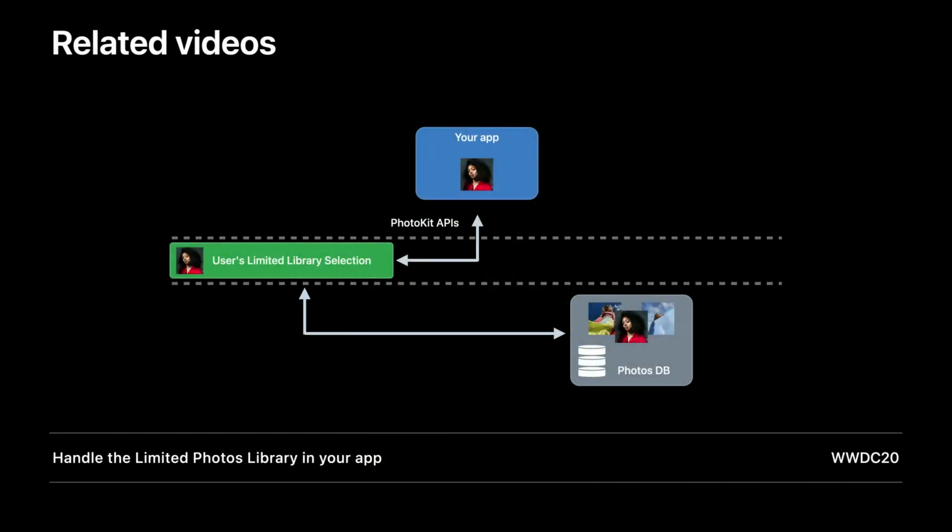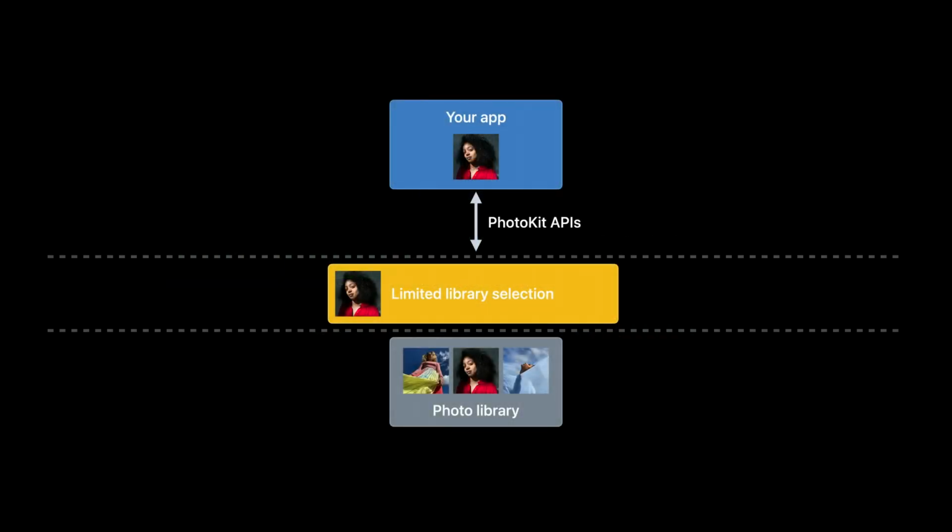You can refer to our WWDC21 session, Handle the Limited Photos Library in Your App, for a more complete description of limited library mode and how to design your app to work best with it. For now, it's enough to know that limited library access is designed to be transparent to the app developer. In general, PhotoKit APIs should work like normal, behaving like the library only contains the photos that were selected. It works conveniently with common workflows.